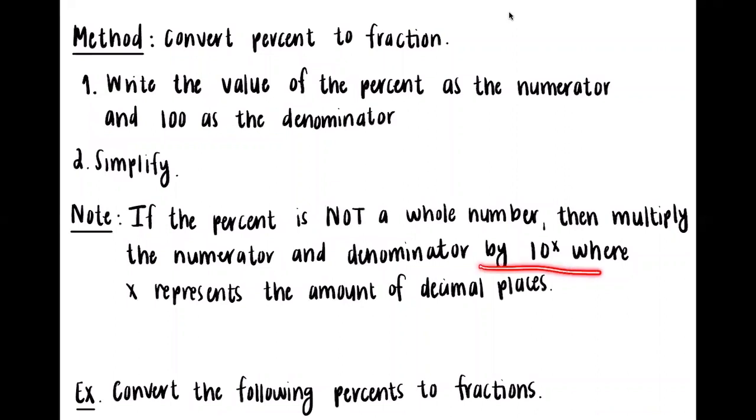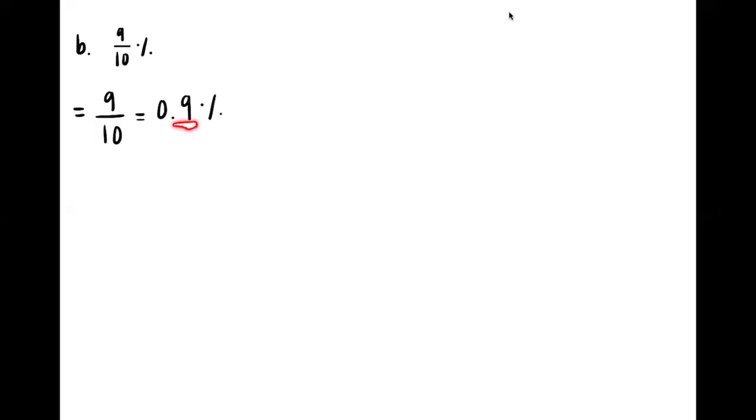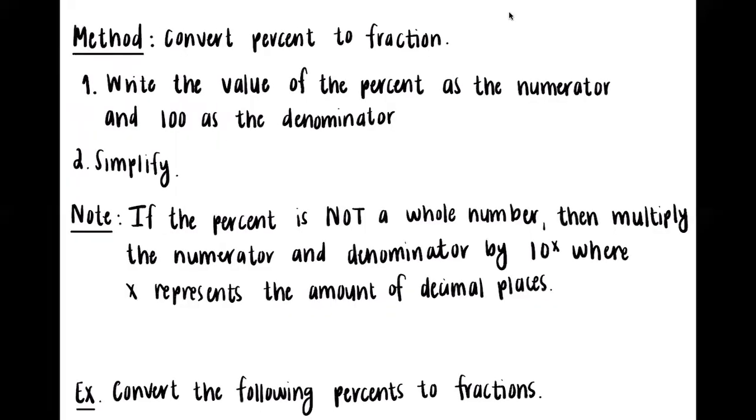And of course, you could always verify with division. The reason why I want to turn it into a decimal is because that's what the note helps verify. So let's go back. It says multiply by some multiple of 10, where x represents the amount of decimal places. Notice we only have one number after the decimal place. So where x represents the amount of decimal places, that means we're going to have 10 to the first, so that's just 10.